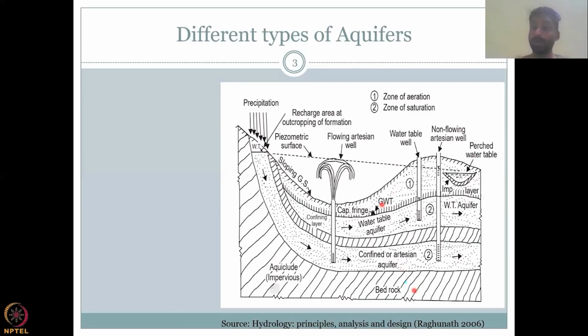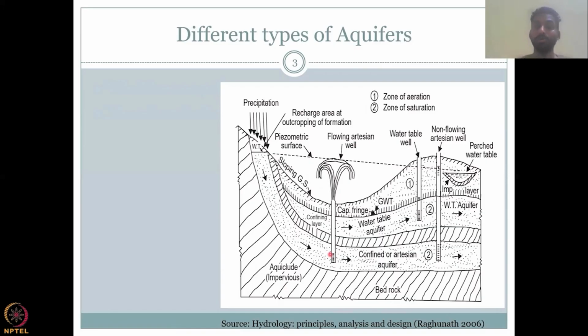So this is the unweathered parent material, and if it is on the top, it starts to weather and then the soil is formed. So all the soil is a function of your bedrock. It is coming from your bedrock. And it is also called an aquiclude or impervious layer. Because water cannot pass through, it is called impervious.